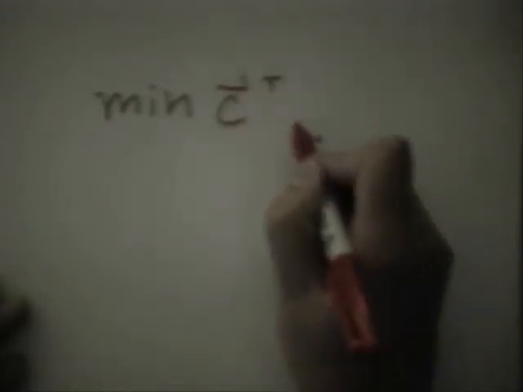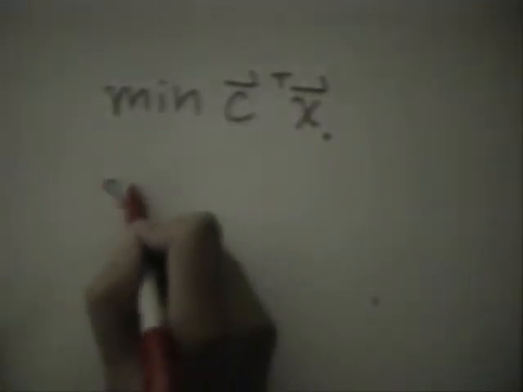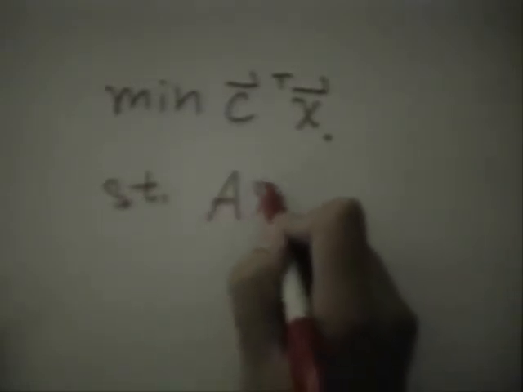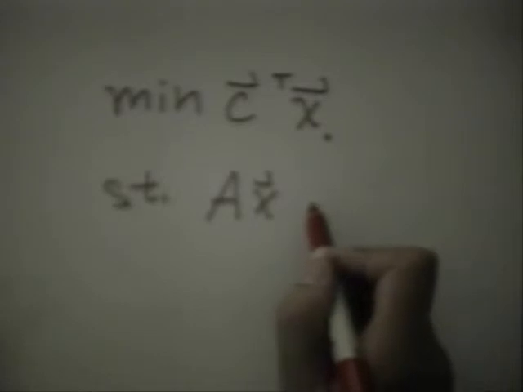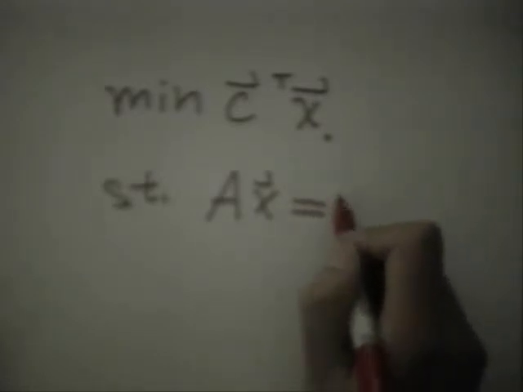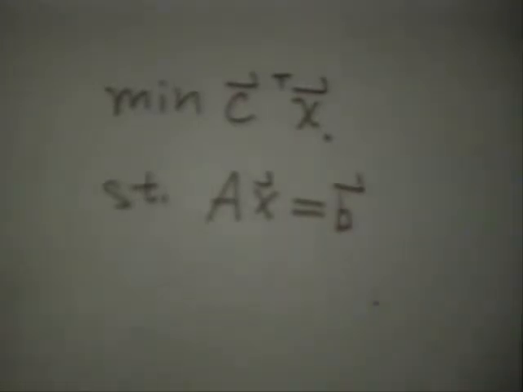Well, basically, I'm trying to say that you can minimize some C vector and then X, okay, and this X is a vector of all your decision variables because it's a linear function. And then the constraint, you can also say it's some matrix A multiply X, for instance, equals to some vector B. If you want to.